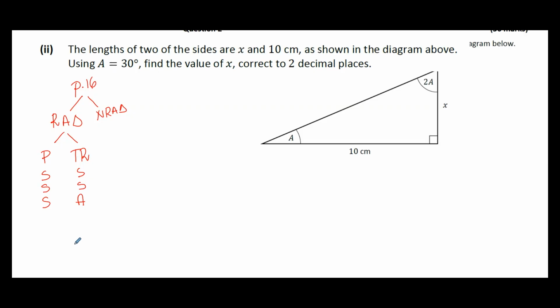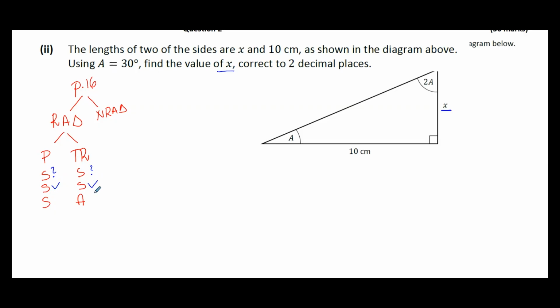So what are we looking for? We have to find the value of x, and that is a side of a triangle. Therefore, we put a question mark. We are saying we don't know. We are looking for one of the sides. Then the next thing is, what information do we have? We have 10. And what is that? That is a side of the triangle.